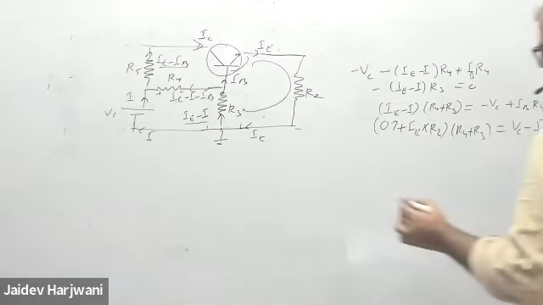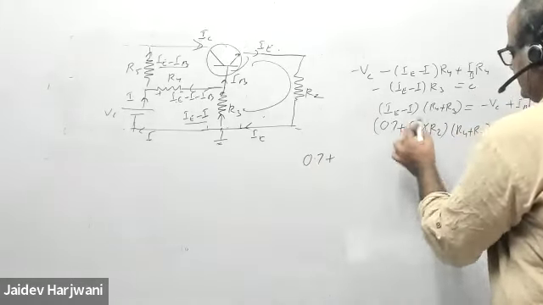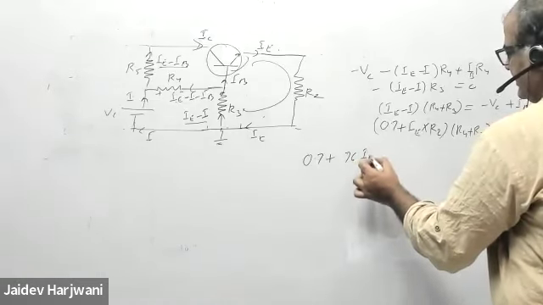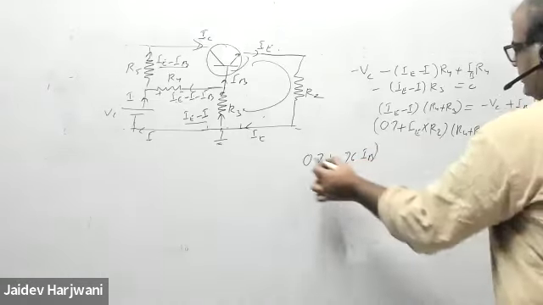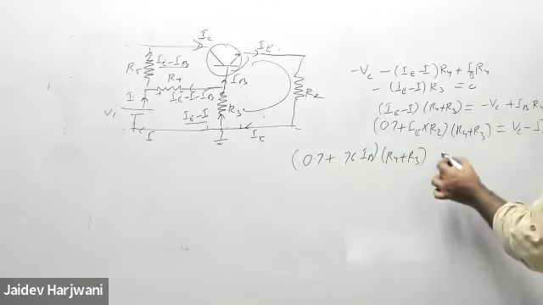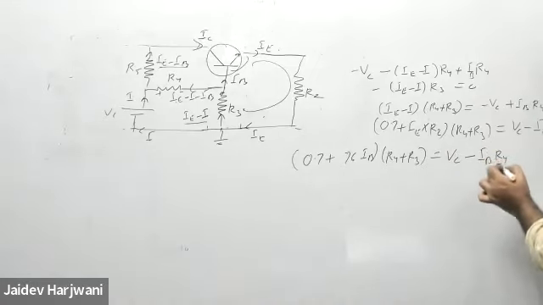Tell me what answer is coming. So you have 0.7 plus this is beta plus 1, that is 76 IB, into R4 plus R3, VC minus IB R4. Now solve this equation and tell me what is coming.